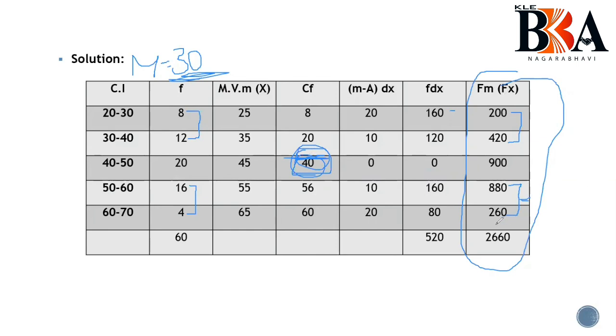So 880 plus 260 will become the summation of fx1. 200 plus 420 will be the summation of fx2. As well as I need the frequency also, you have to take the frequency. For that, 8 plus 12 will be the summation of f2. 16 plus 4 will be the summation of f1. When you get this, fine, you have to implement it into your formula.